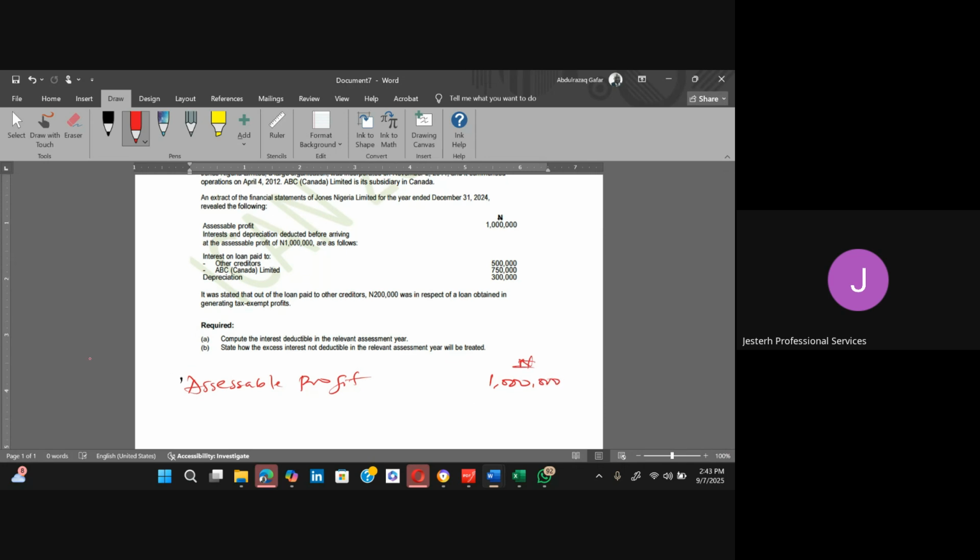Then our EBITDA. How do we determine our EBITDA? Our EBITDA is earnings before interest, tax, depreciation and amortization.